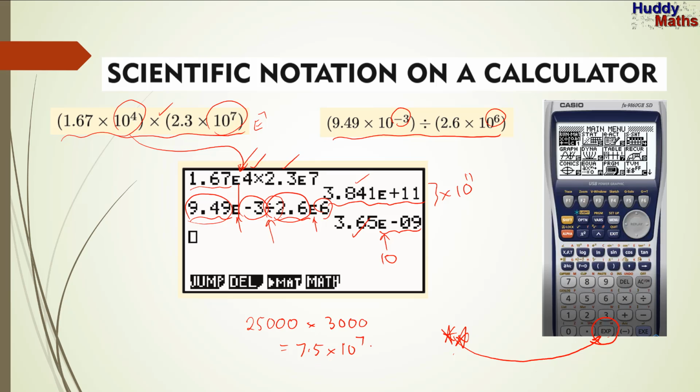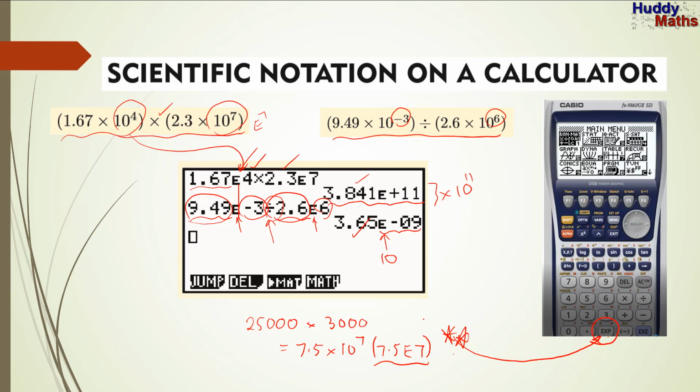And on the calculator, that would come up as 7.5 E7. So don't get confused. It doesn't put that power of 10 in. Okay, but it'll do the multiplication to get 7.5. And then it will have E7.